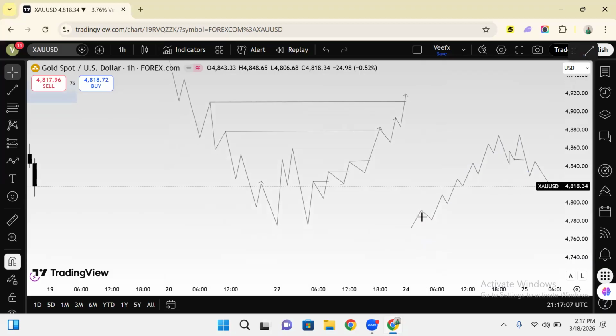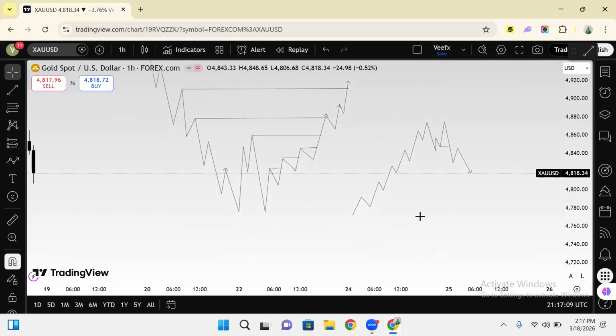But the moment the market took out this other low, we have what we call a multiple break of structure, right? That's why the market is able to react from here and continue pushing. Now, let's say you missed this particular area here for your multiple break of structure entry.